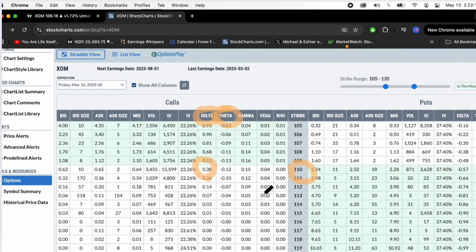So what you do is you move your decimal 2 points to the right, and that's how many dollars your contract goes up per $1 that the stock goes up. Here we are using the strike price of 110, and if your stock goes up to 111, let's say, that would be a $38 profit.